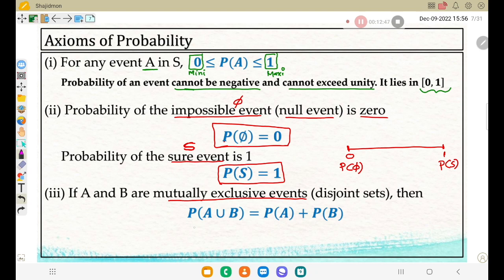So in that case, the probability of A union B equals the probability of A plus the probability of B. These are the three axioms, or three rules, of probability. So be very careful with 1 and 2: the minimum probability value is 0 and the maximum is 1. The probability of a null event is 0 and the probability of a sure event is equal to 1 here.